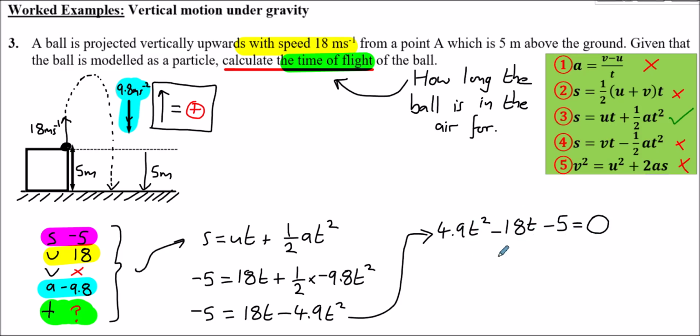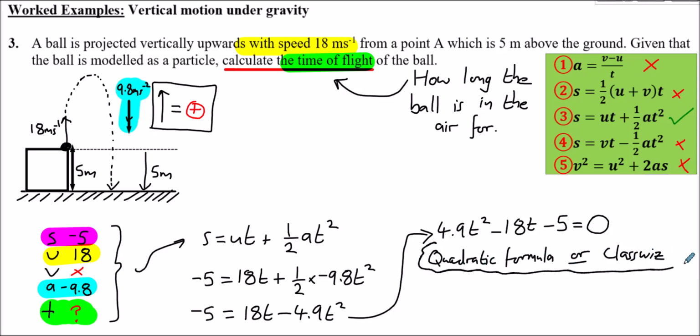There's a couple of ways of doing this. We can either use the quadratic formula, or we could use the ClassWiz. Once you've got to this stage, you're allowed to take it easy. You're on the home straight now.